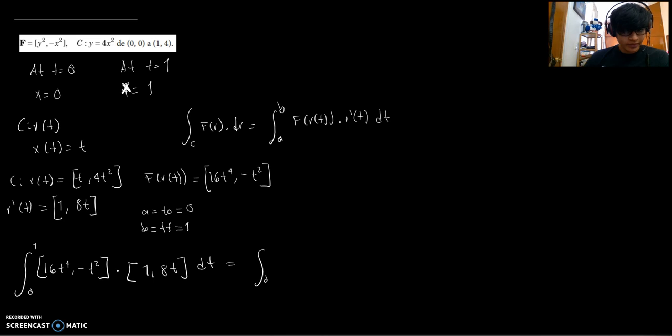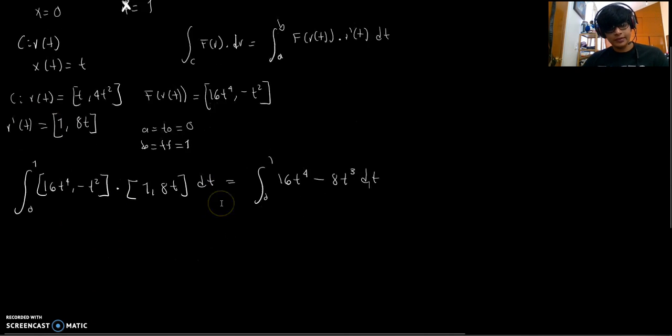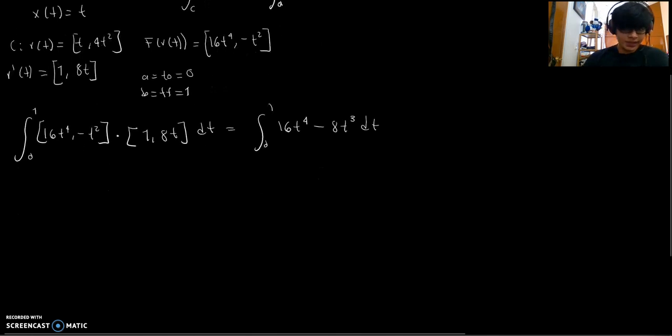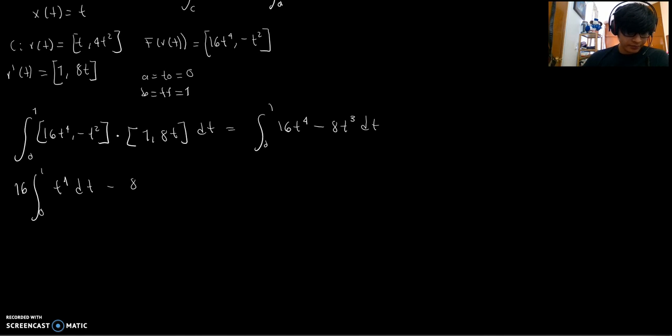Now we just make the dot product, which will be equal to this, minus 8t cubed, dt. And now it's just a matter of solving this integral. It's really easy to see, and we can just make this kind of evaluation.